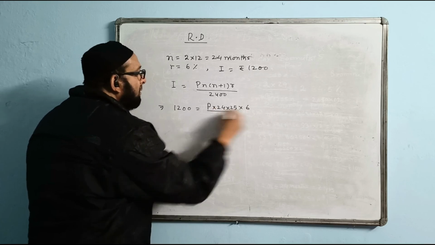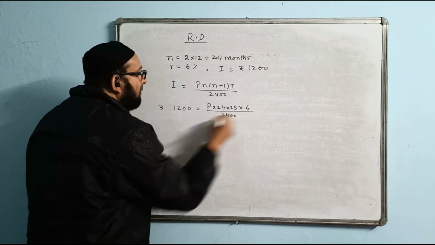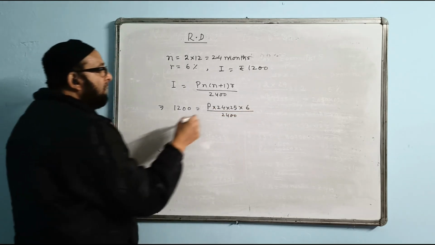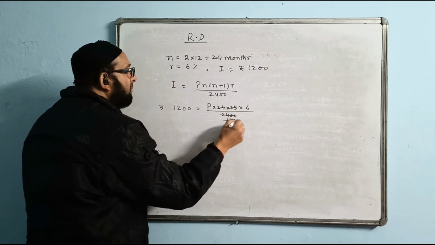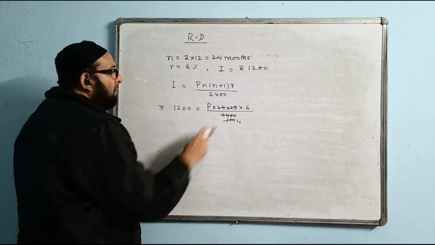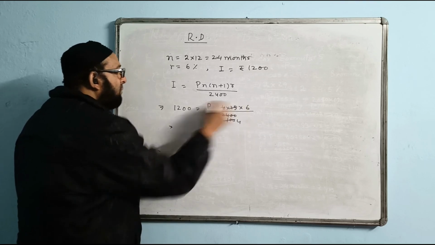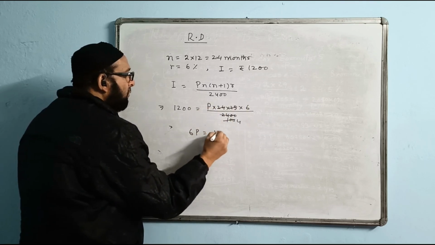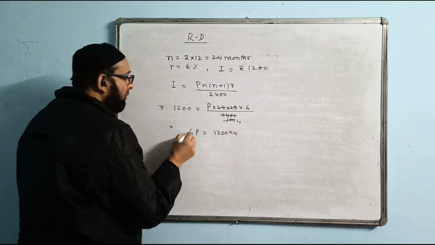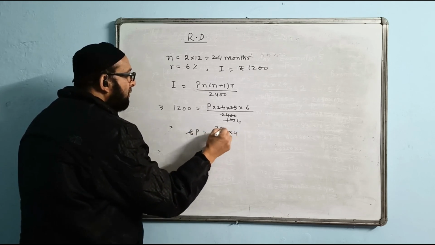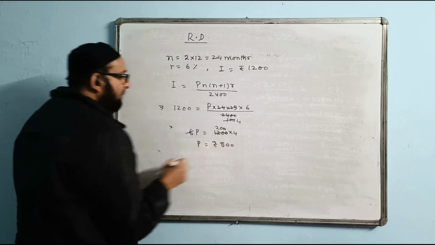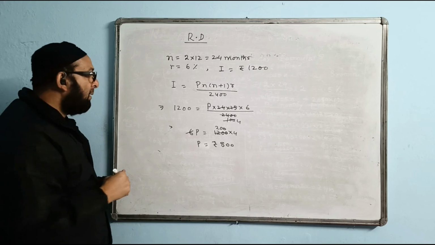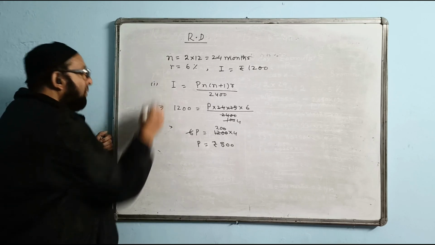R is 6 by here. This is coming 100, 25, 4 times will go. You can cross multiply. 6P equal to 1200 into 4. You can cancel also this way. 6, 200 into 4. So P is coming rupees 800. That is it, first part answer we got.